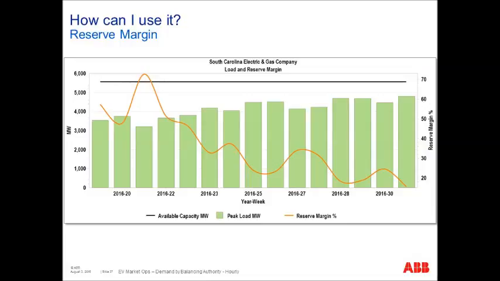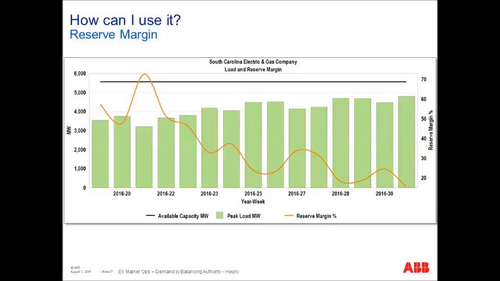Another important analysis tool that is enabled via the FERC 714 and the EIA 930 data is the reserve margin. Your reserve margin is a measure of excess capacity. It's often measured as a percentage, and this is something that you will see quite often if you are reading about supply and demand, especially when you're looking at these balancing authority areas.